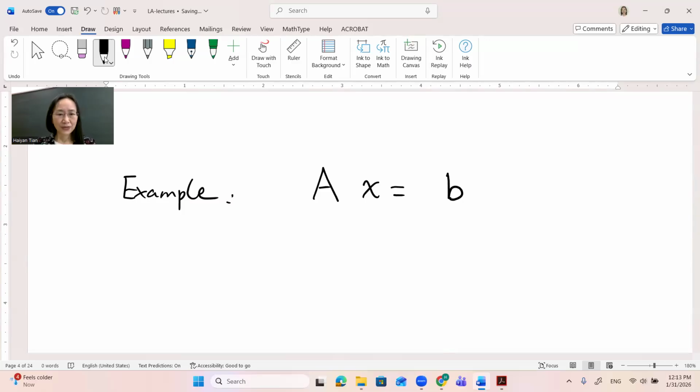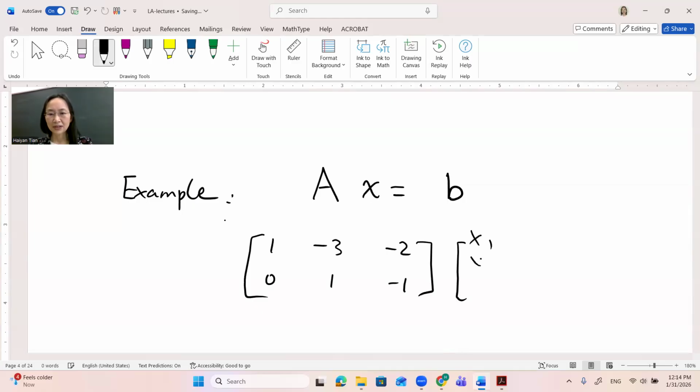The system is still the same, in the sense that it has the same coefficient matrix A. So I'm going to write the matrix A, which is rows (1, -3, -2) and (0, 1, -1). Same as before. X is the vector of 3 entries. And b is the vector of 2 entries.